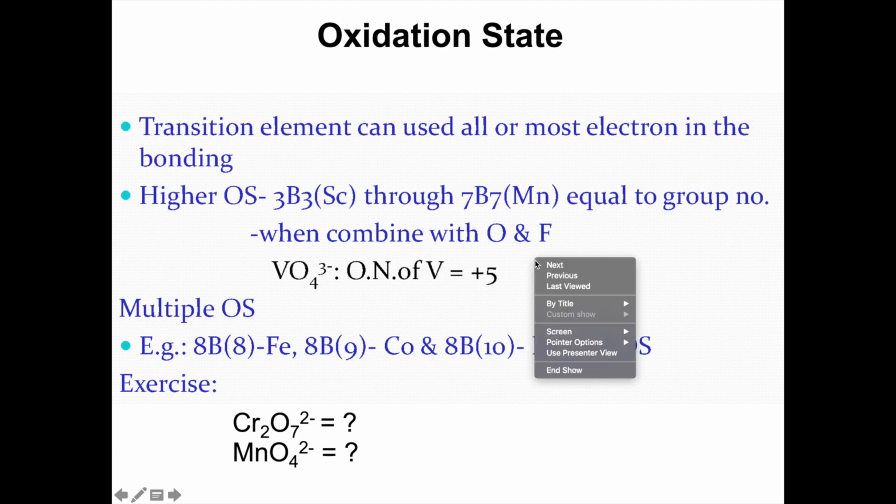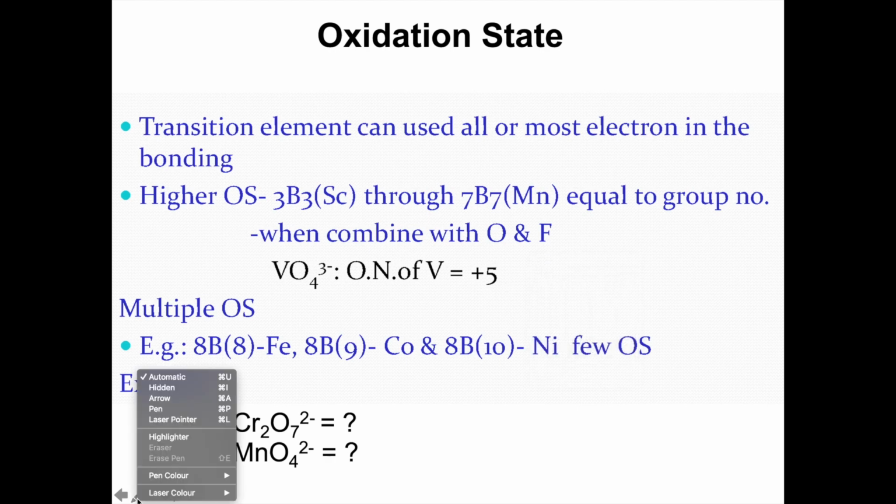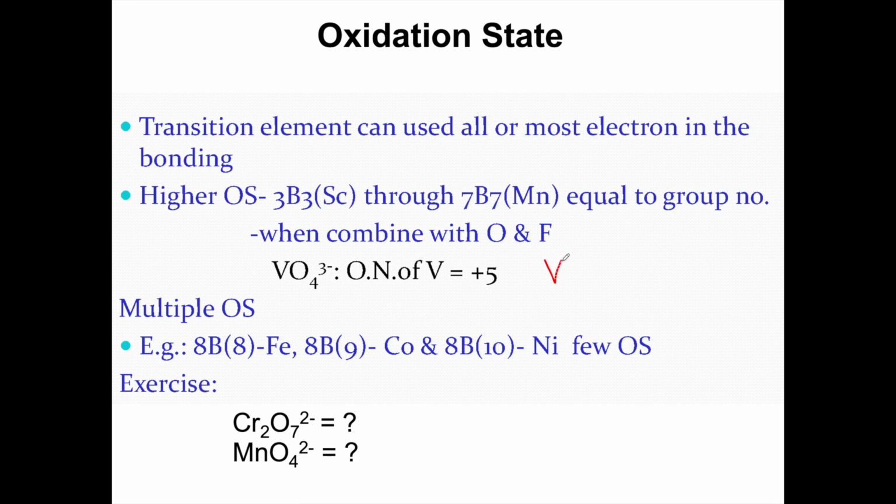So here, you need to be able to calculate the oxidation state. How to calculate the oxidation state of the transition metal? For example, we have VO4 3-. You need to be able to calculate the oxidation state of the vanadium. So how to calculate this one?